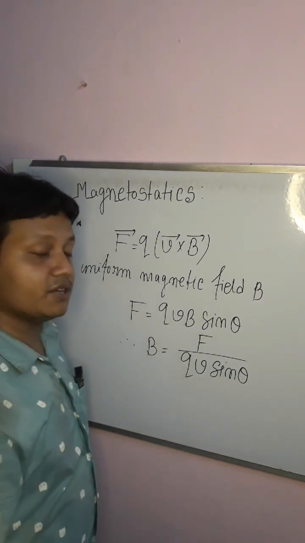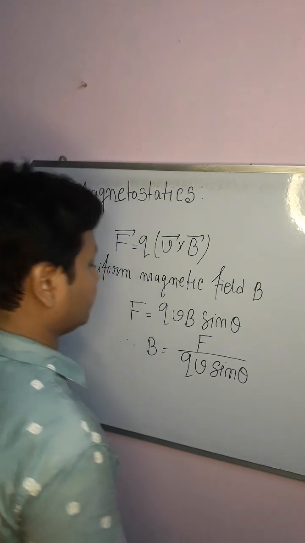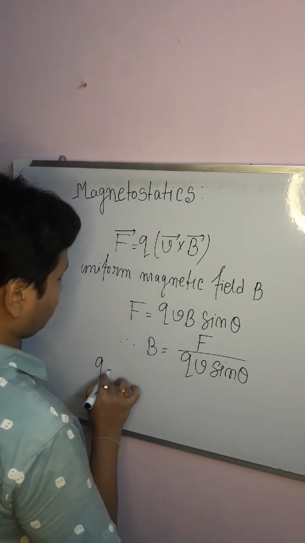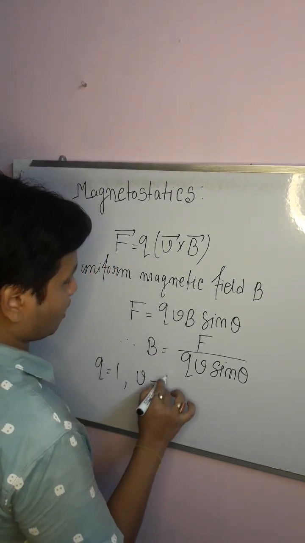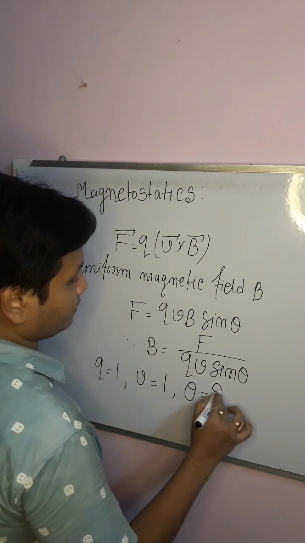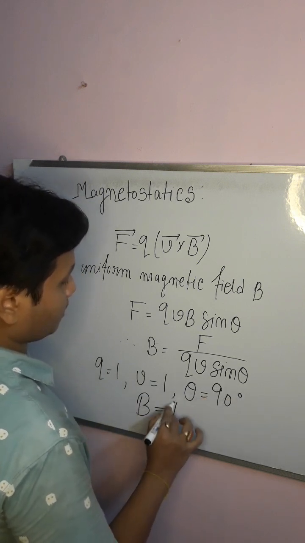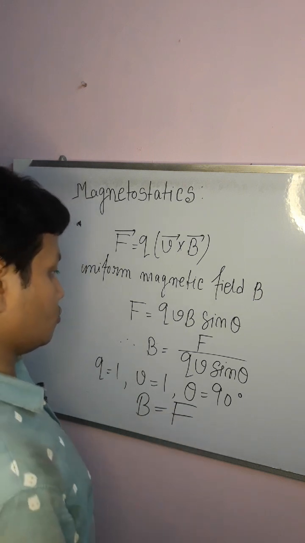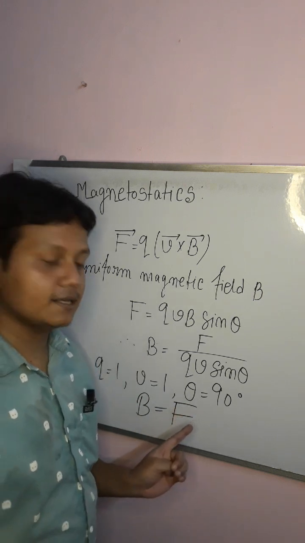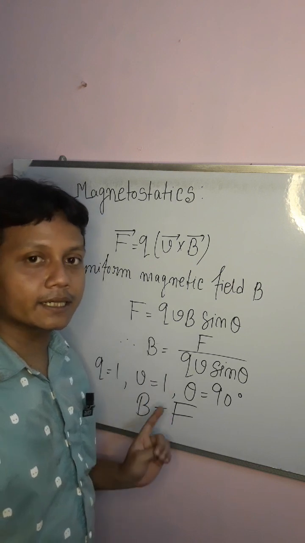Now if we simplify it by assuming that q is 1, v is 1 and theta is 90 degrees, then we can write B equals F. So from this we can easily define the magnetic induction field.